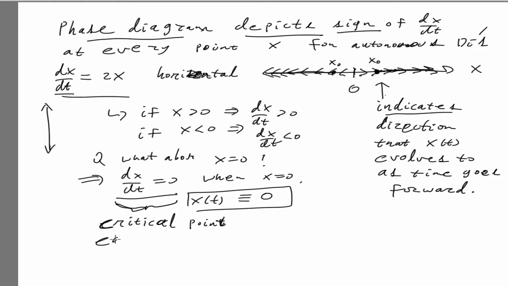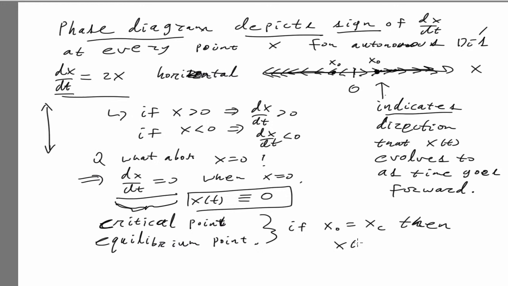We also could call it an equilibrium point. If my initial condition x naught is equal to my critical point xc, then x of t is going to be the constant function x of 0.